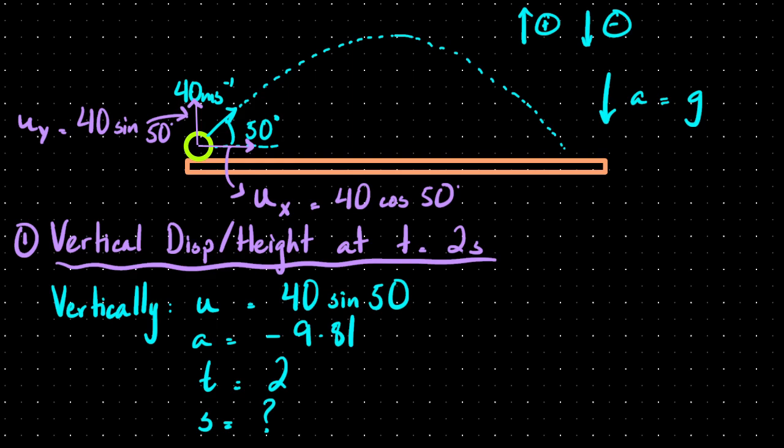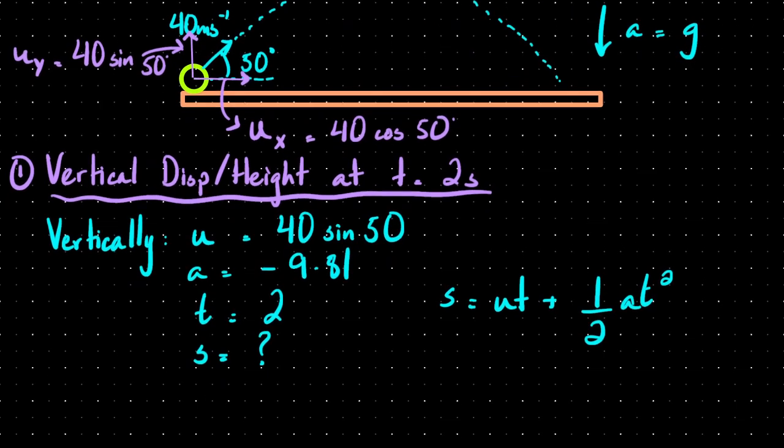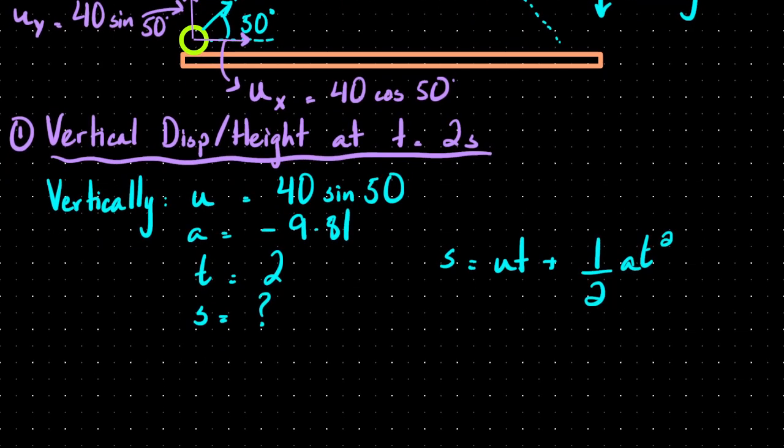So the pretty basic answer, if you have a blueprint of all of those equations of motion in your head, is that this is the equation to be used. You have a as this, you have u as this, and t as this. So we just plug in the values and find s. And by doing so, the answer you get for s is 41.66.